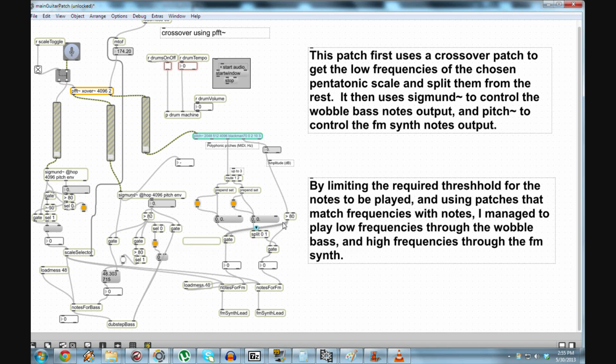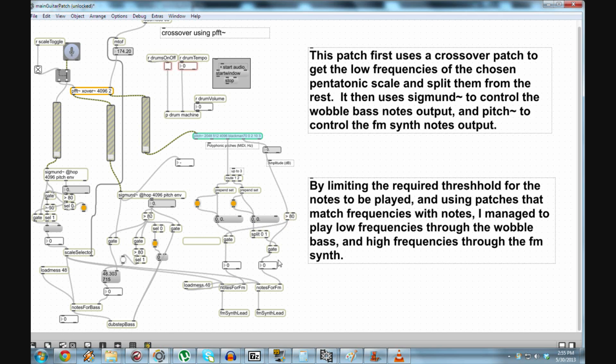So this also has the greater than 80 threshold limit.